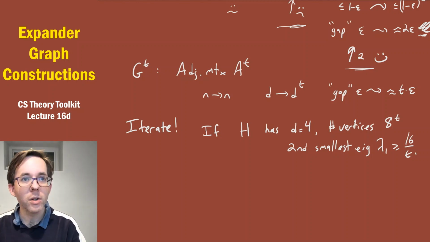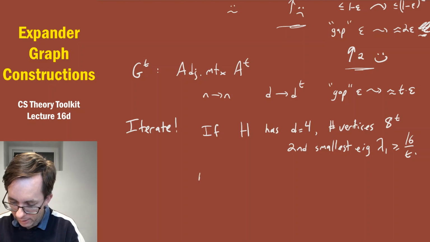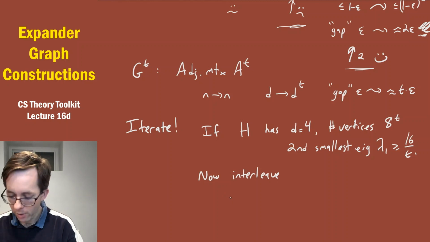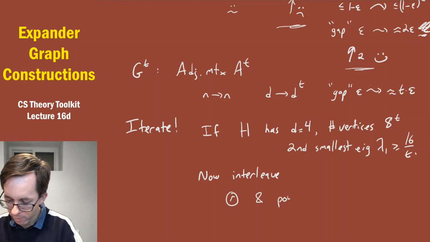So what happens now if we interleave? We start with a graph G, and now we interleave the replacement product and this power of t operation.